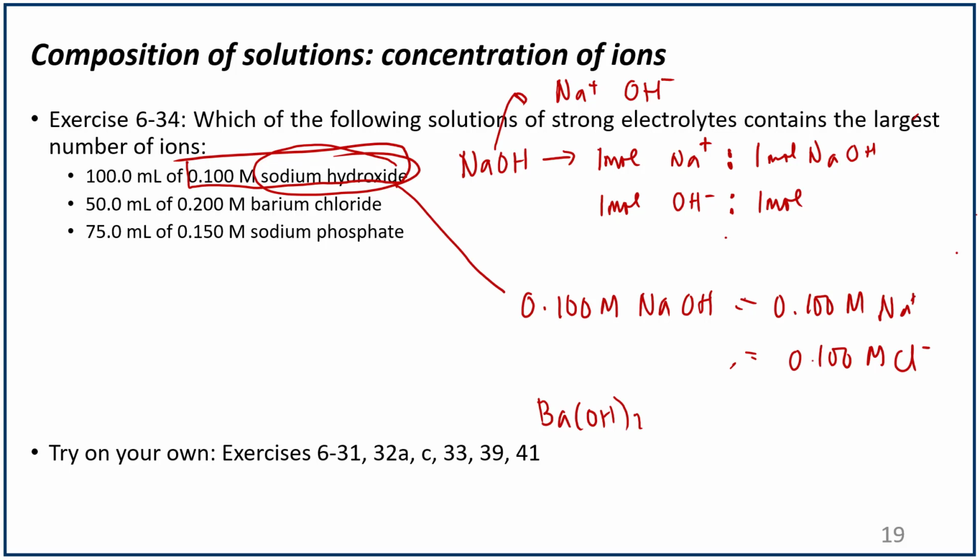You have 1 mole of barium for every 1 mole of barium hydroxide, and you have 2 moles of hydroxide for every 1 mole of barium hydroxide. So here again, if this was given, this one would have been 0.100 molar of barium 2 plus, and then this one should be 0.200 molar of hydroxide ions.